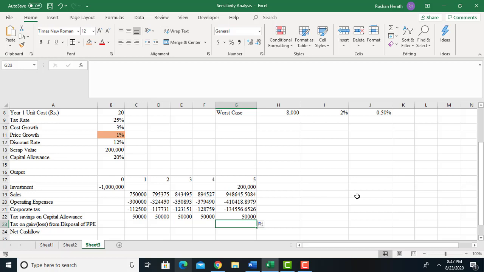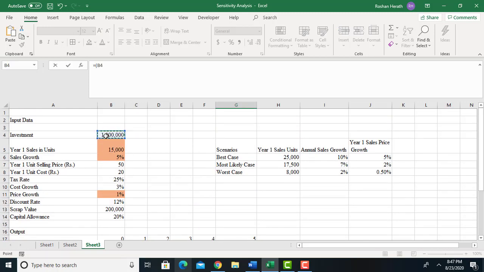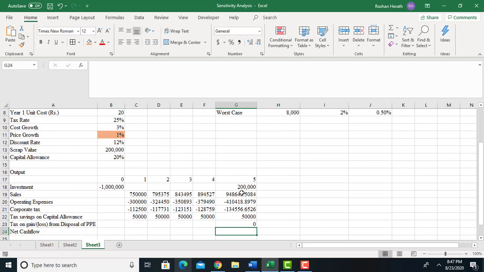You take the cost of PPE minus the cost into the per annum depreciation, in terms of tax depreciation we call it capital allowance, into the number of years. The number of years in this project was 5. So once you take this value, it is supposed to be 0, right? Because it is fully depreciated. Per annum it's 20%, so at the end of the 5th year it is supposed to be 0.